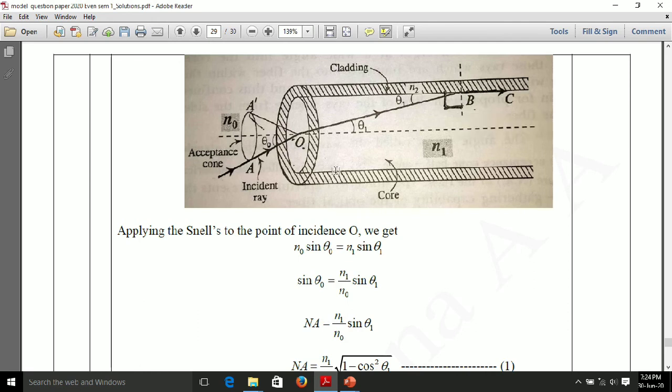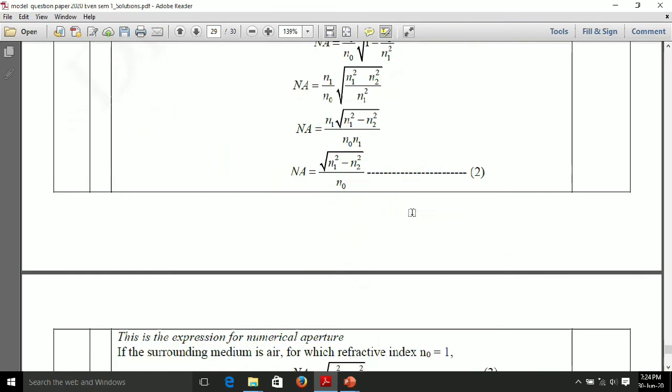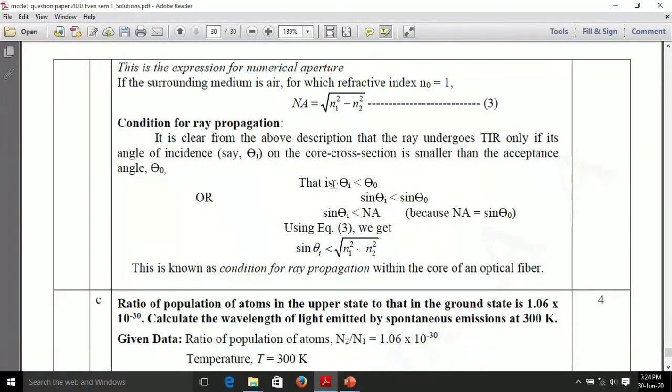Therefore, this is essential. You have to write that particular statement. That is the condition for ray propagation. And if theta i is smaller than theta naught, obviously sin theta i is smaller than sin theta naught. Sin theta naught means numerical aperture, and it is derived. This is the expression derived.